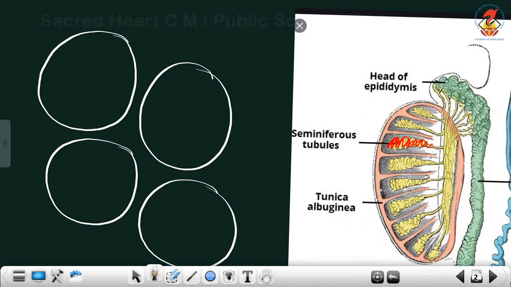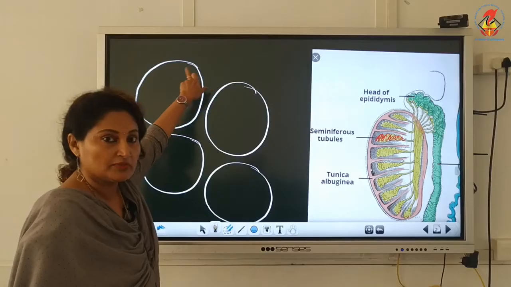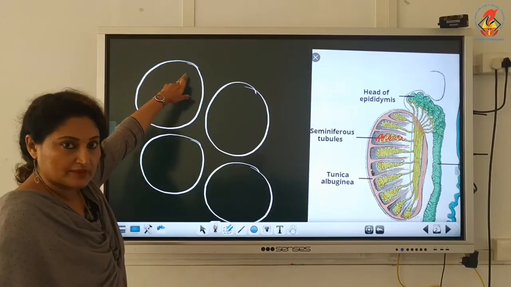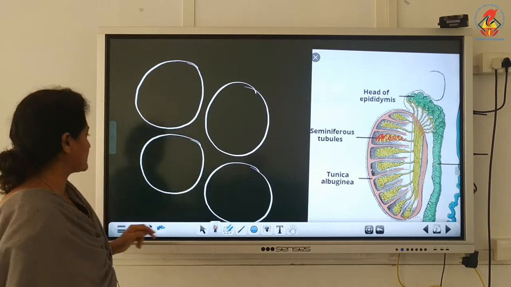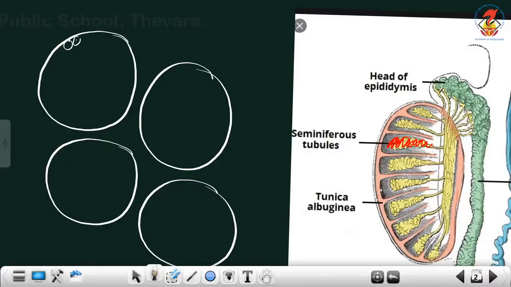Each seminiferous tubule is lined by an epithelium called germinal epithelium, and this epithelium comprises 2 types of cells. The cells are spermatogonia. You are aware of spermatogonia, no? Interrupted by pyramid shaped cells called Sertoli cells.